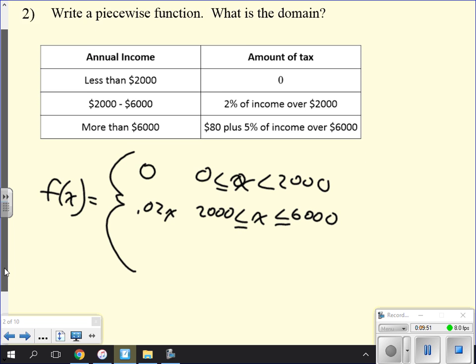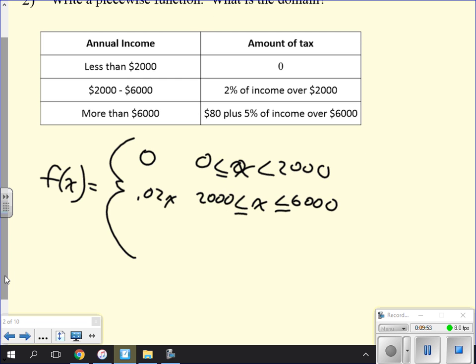Now my next one is income over $6,000, so as long as x is larger than $6,000.